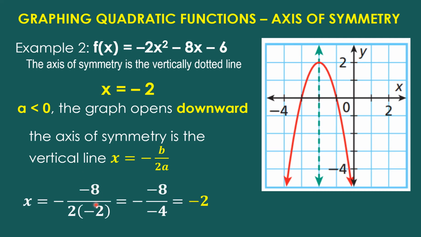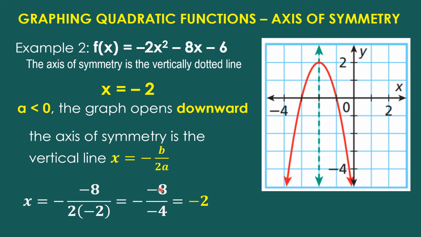The value of b is negative 8. The value of a is negative 2. When you substitute, you will have negative of negative 8 all over 2 times negative 2.